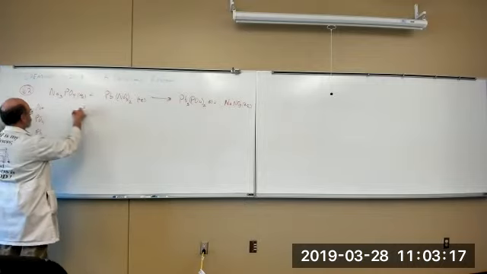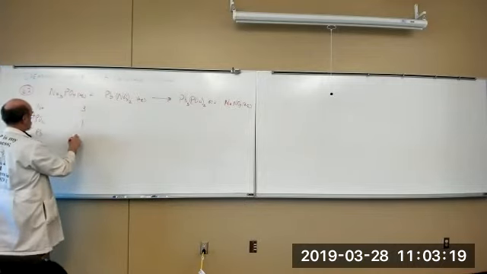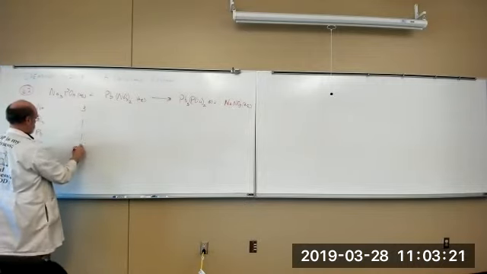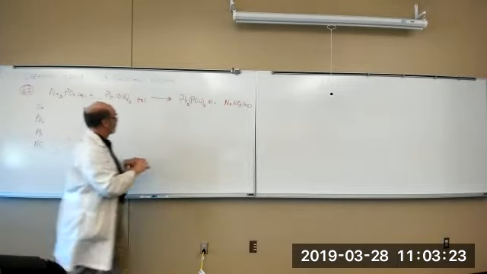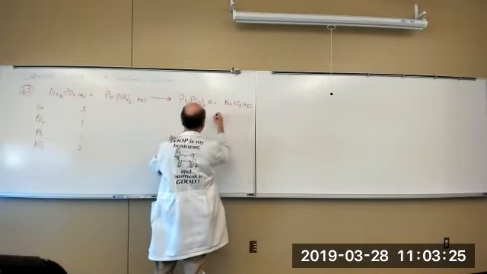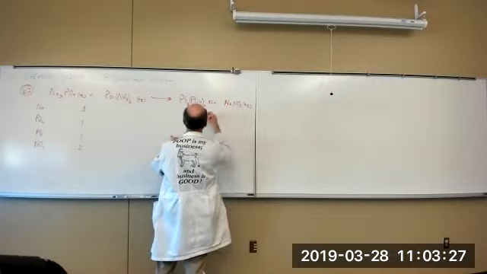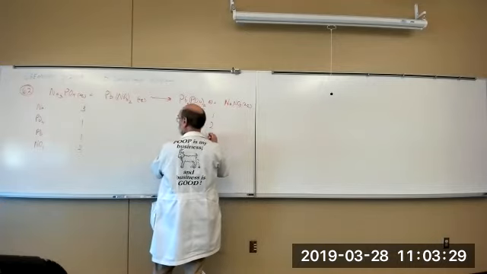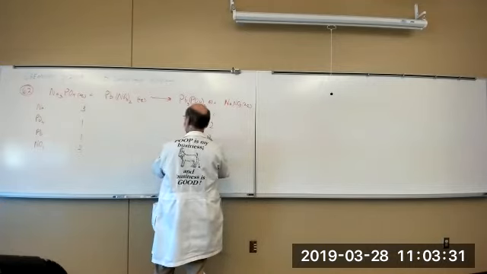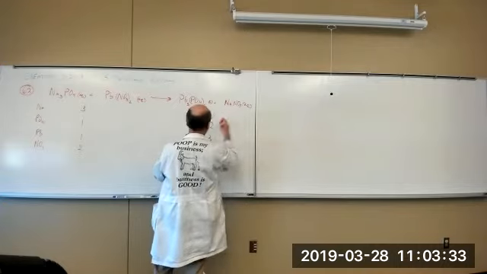So we start off with 3 sodiums, 1 phosphate, 1 lead, and 2 nitrates. Here we've got 1 sodium, 2 phosphate, 3 lead, and 1 nitrate.